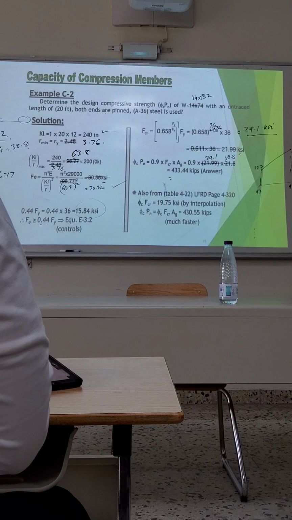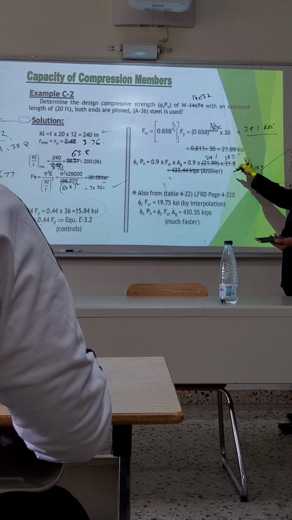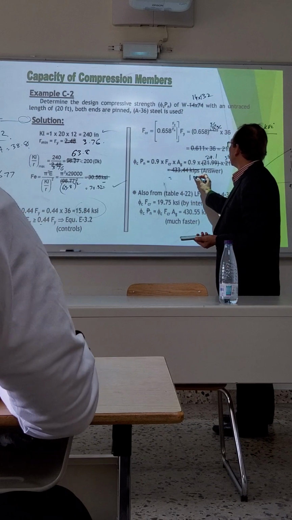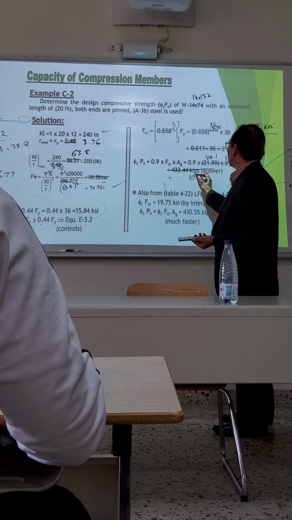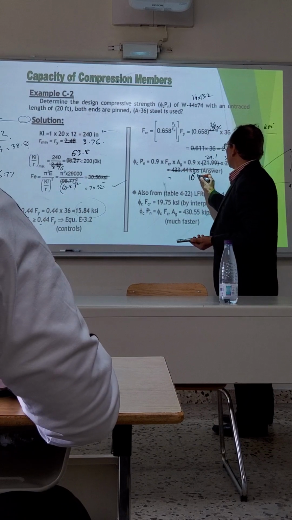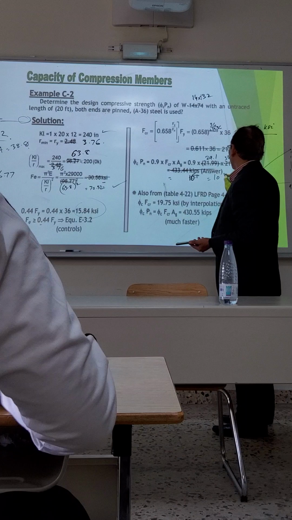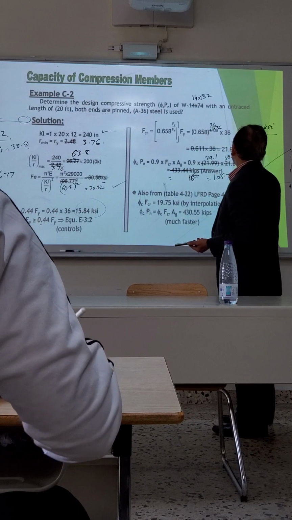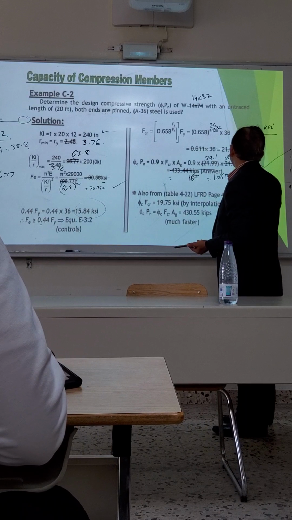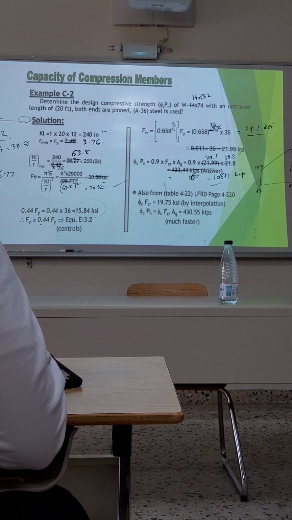So here you have 29.1 into 38.8, which is 1016.17 kilopounds.